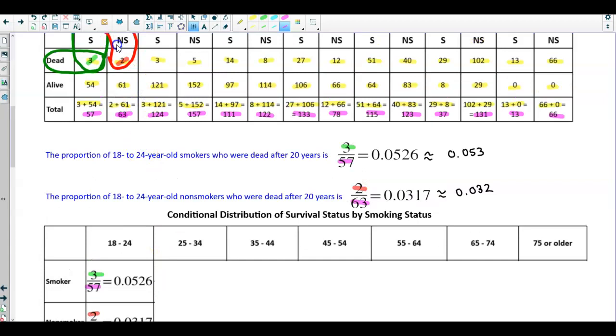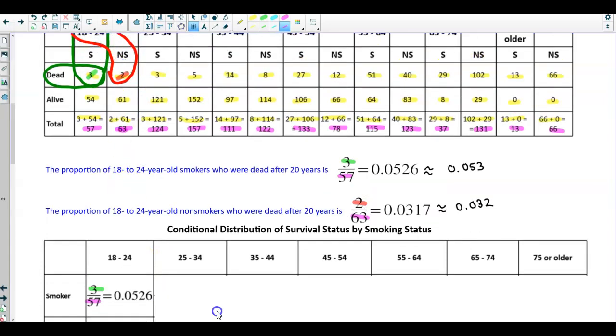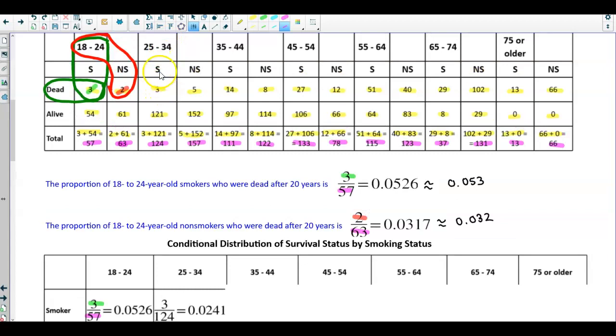And again, that's for the age group of 18 to 24. Okay, next, we're going to look at the age group of 25 to 34. If we notice, the number of smokers that were dead for the age of 25 to 34 was 3. So we're taking 3 and dividing it by the total of 124 to give us 0.0241.